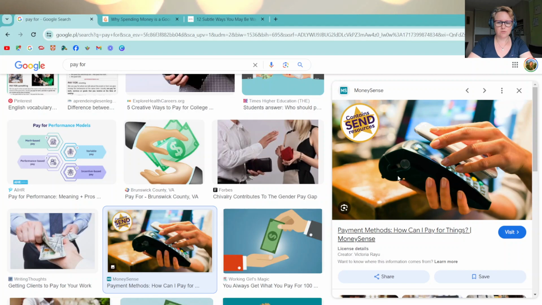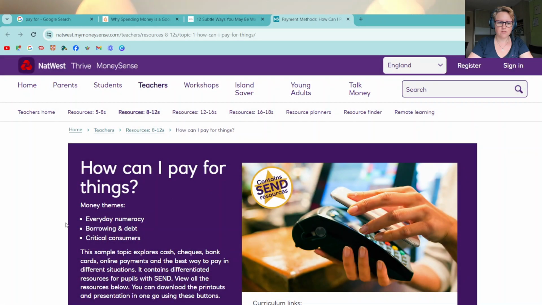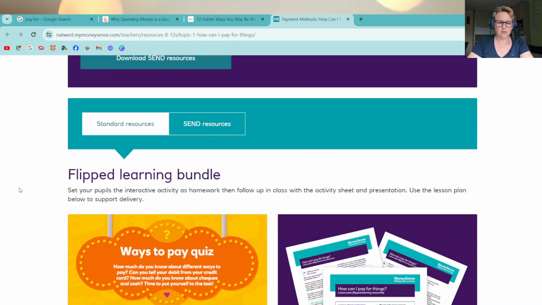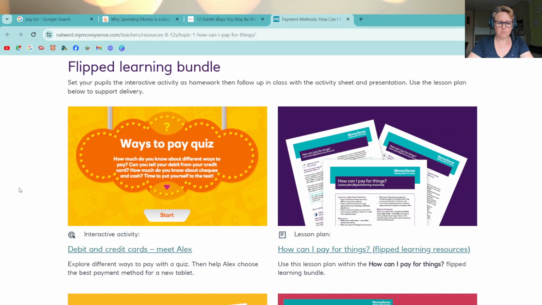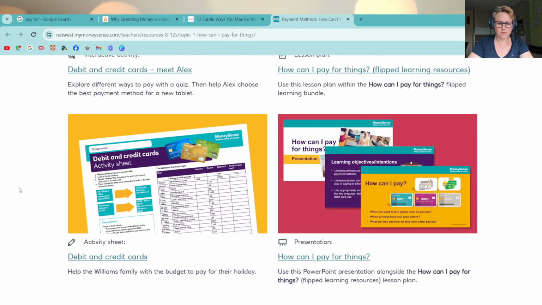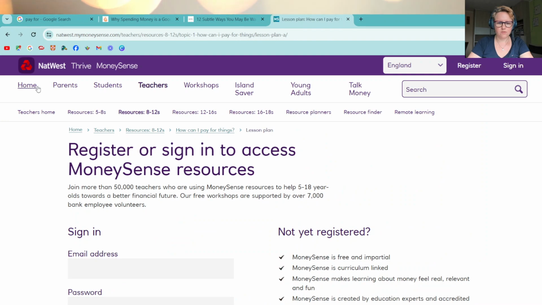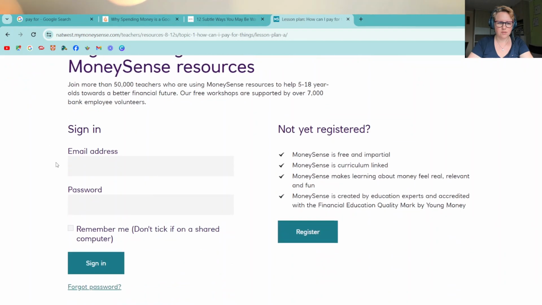Really, when you start Googling like that, you can find a lot of interesting texts and articles that can be a good source of learning new words. Yes, how can I pay for things? I pay for things. I'm not sure if that's the good one, really.